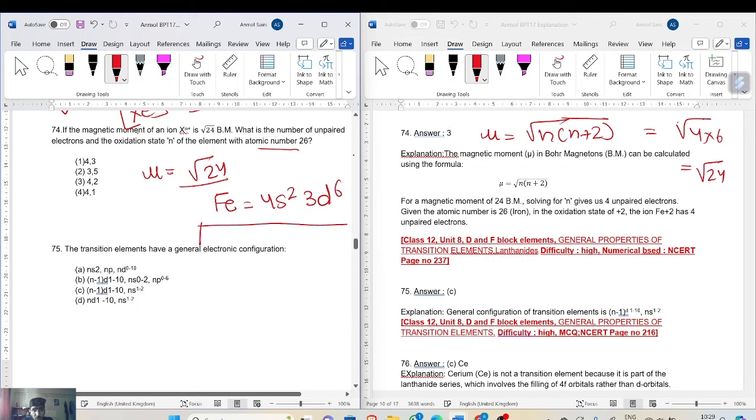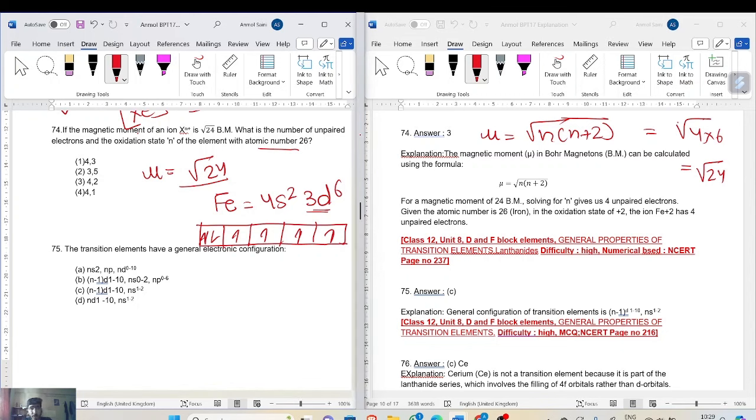So first let's draw the diagram. 1 2 3 4 5, this is the d orbital, and I am putting the d6 electrons in this. Now I have 4 unpaired electrons, and this will be enough for getting the magnetic moment root 24.